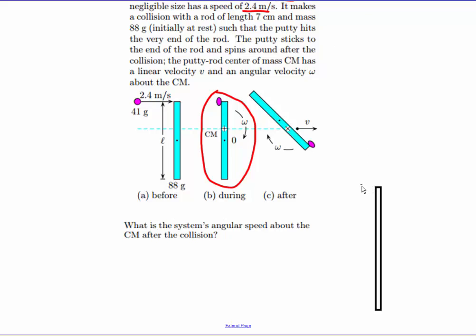All right, we'll get the little putty. Okay, it's stuck on there. So now let's do our calculation. It says it's stuck on the end. Let me slide it up just slightly. Just like that.